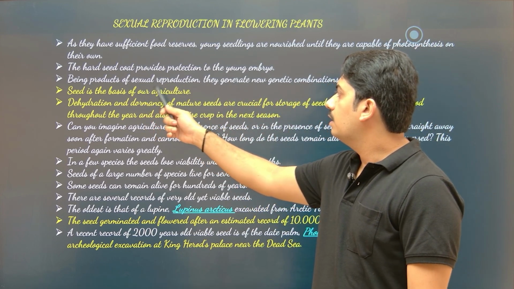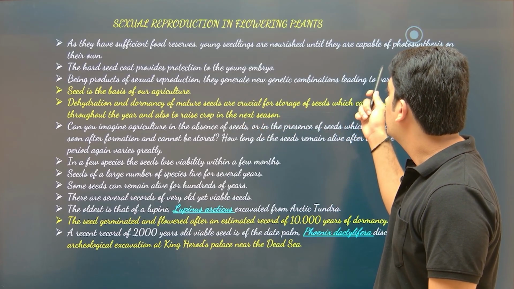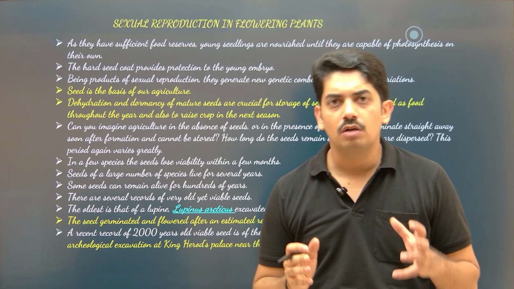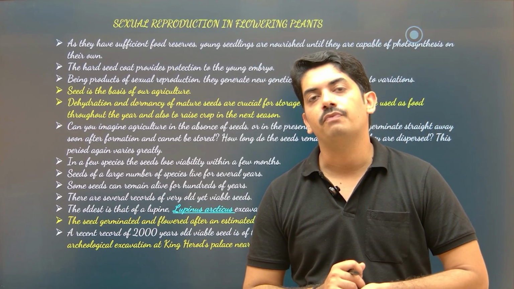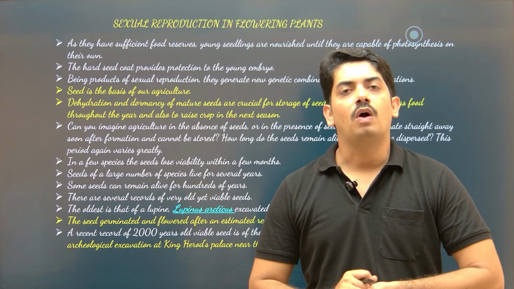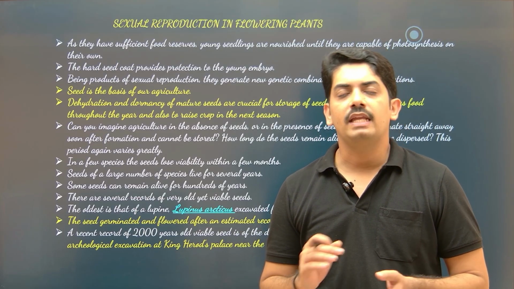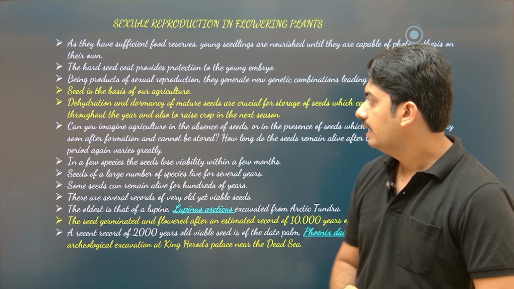Being products of sexual reproduction, they generate new genetic combinations leading to variation. What is the main intention of the sexual mode of reproduction? Producing offspring having some variations. So what is this variation and why is it so important? Variation gives the offspring a better chance to survive in the environment.